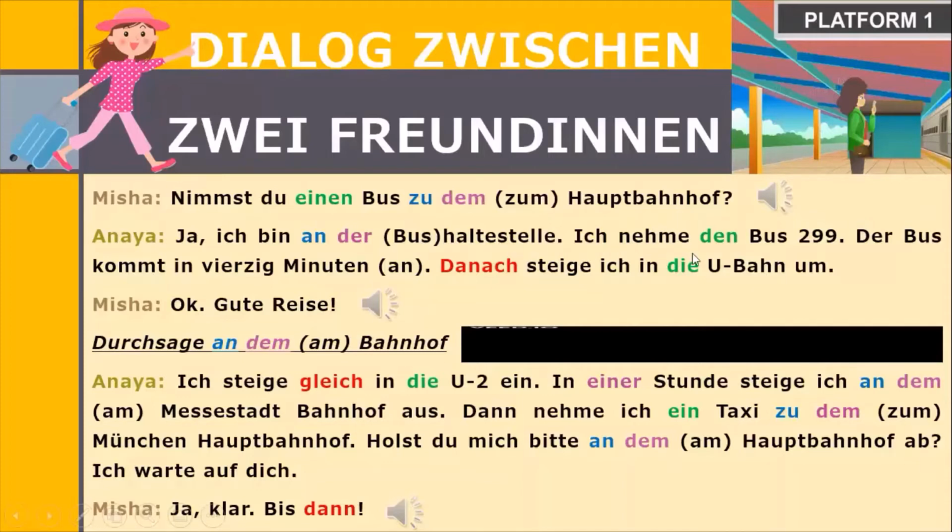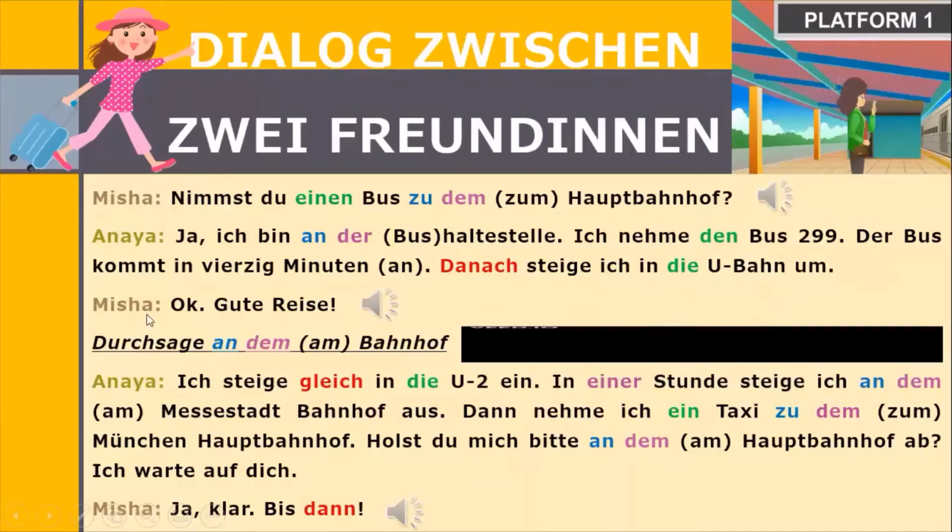Ich nehme den Bus 299. Der Bus kommt in 40 Minuten, or she can say, der Bus kommt in 40 Minuten an. Danach steige ich in die U-Bahn um.